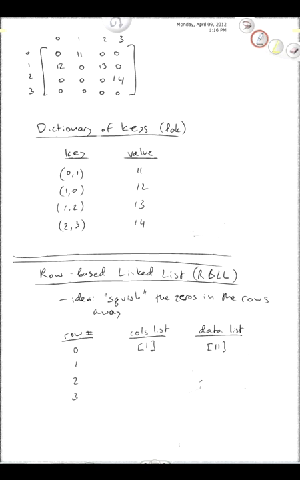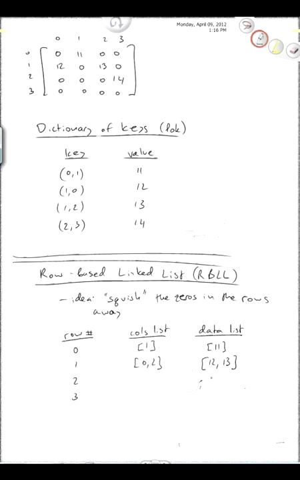The idea is that we store these two lists for every row: a data list that tells us what the actual values are, and a columns list that tells us what columns those values go in. For row 1, the data list is a 12 and a 13 because those are the two non-zero entries, and the corresponding column list is a 0 and a 2.